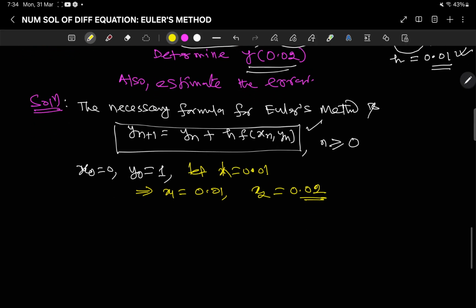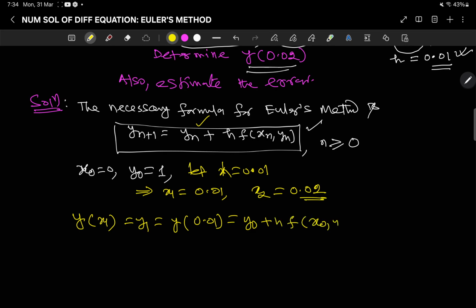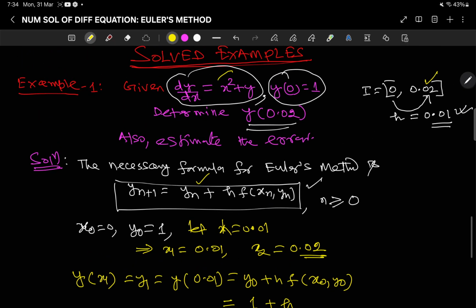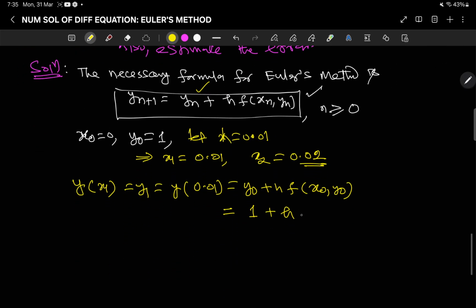Now what is y of x1, which is y of 0.01? The formula is y0 plus h f(x0, y0), which is 1 plus 0.01 into (0 square plus 1), so this will be 1.01.